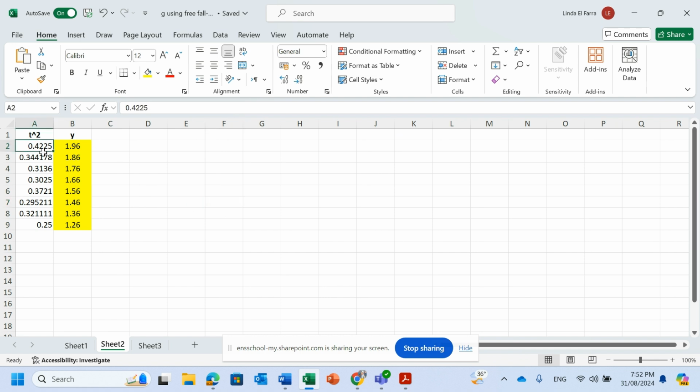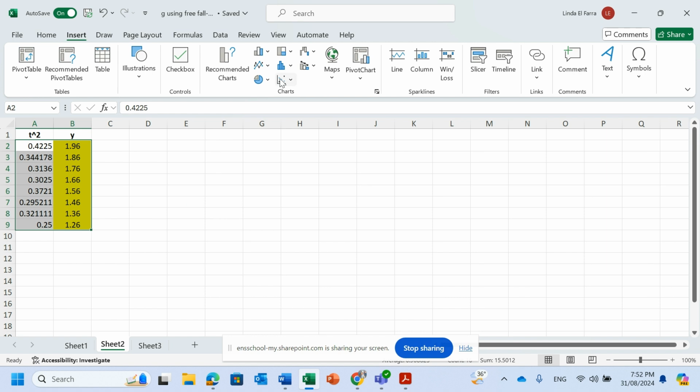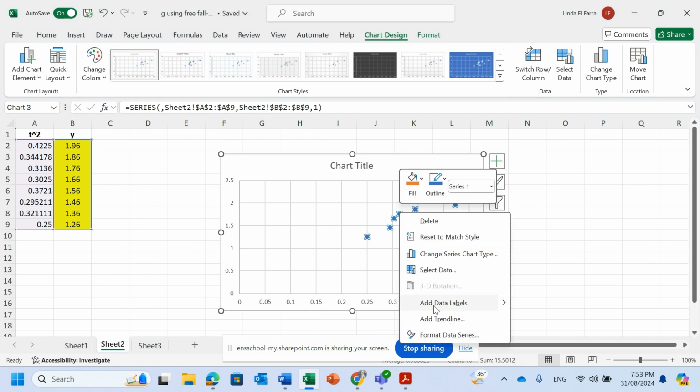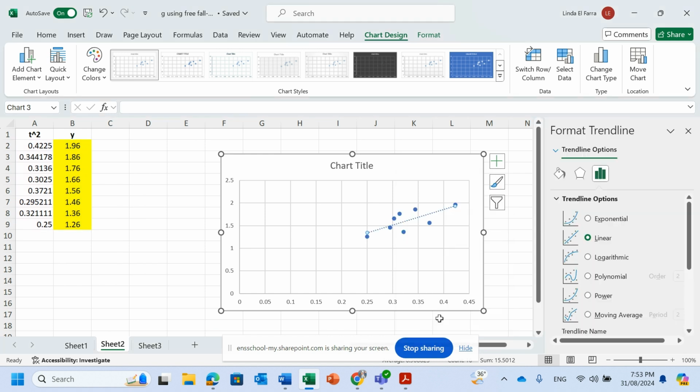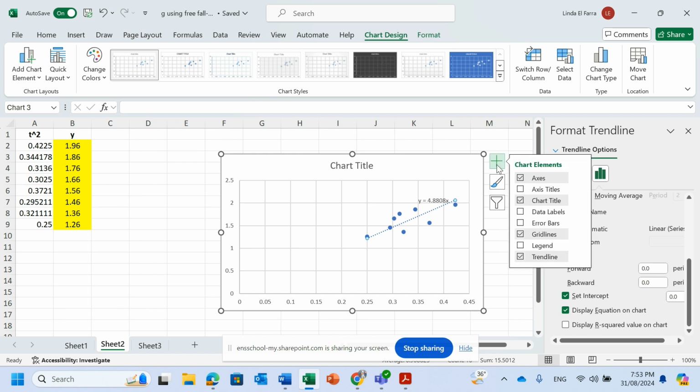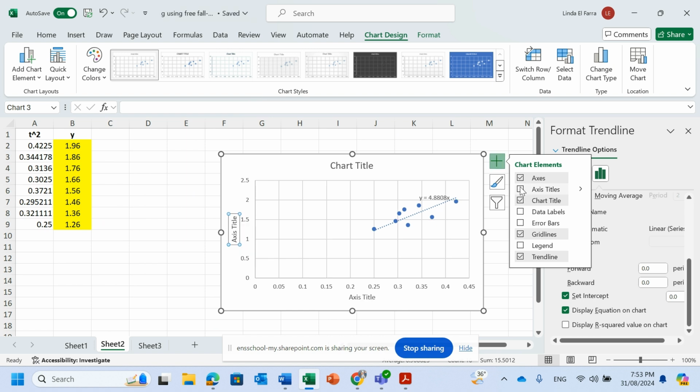I'm going to select these values and then go to Insert, Scatter. Go to any point on the scatter, right-click, and then add trend line. You should get a straight line, so make sure it's linear. Make sure it starts at 0, so set the intercept to 0 and display the equation.